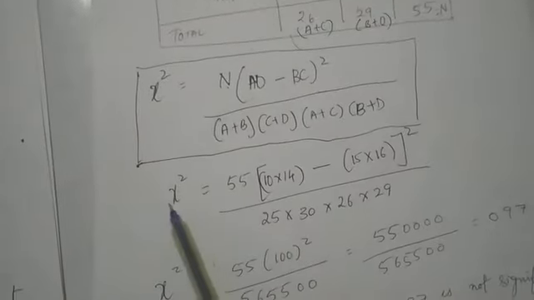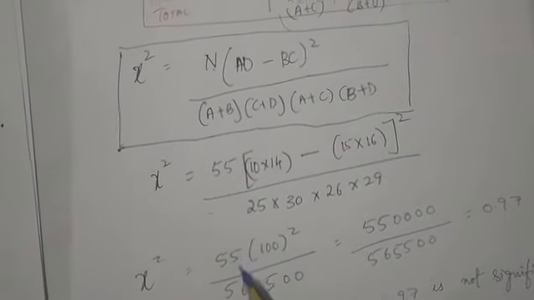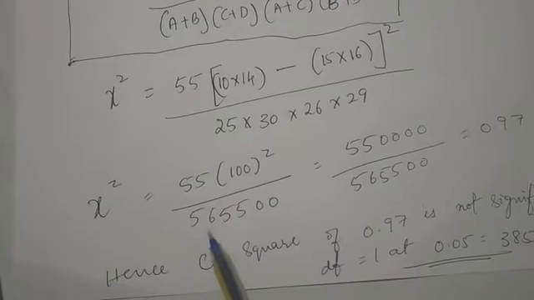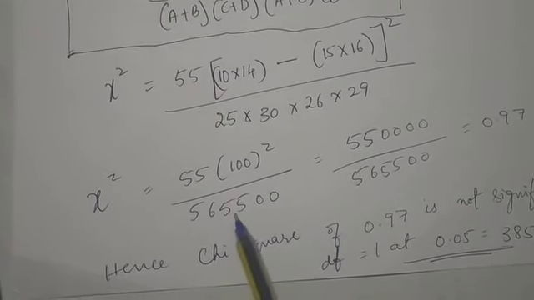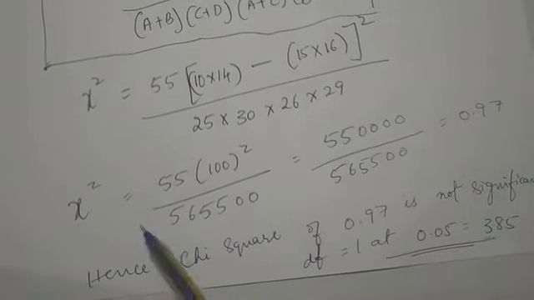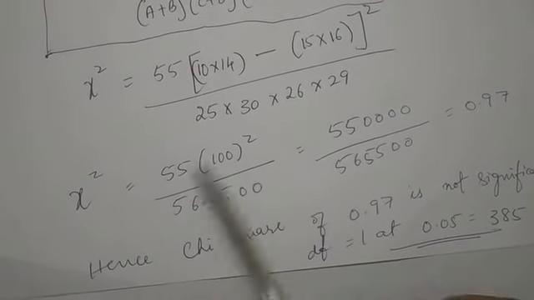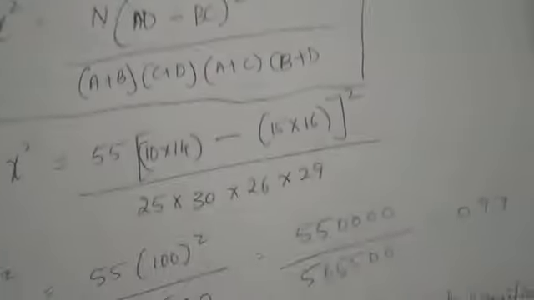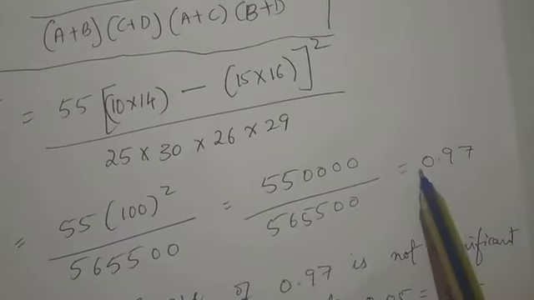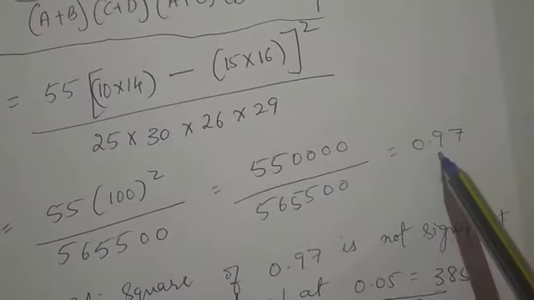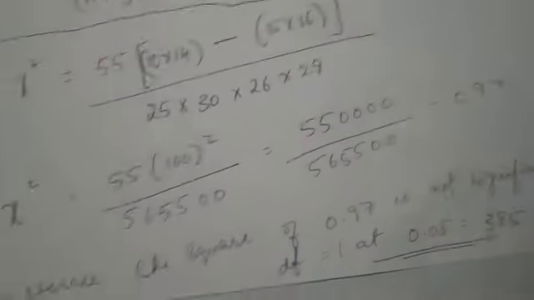So chi-square is equal to 55 into 100 square divided by 565500, when you multiply this with the 100 square you get this. Make sure you carry your calculator to the classroom as well as during the examination, do not forget. When you divide this, the value you obtain is 0.97.